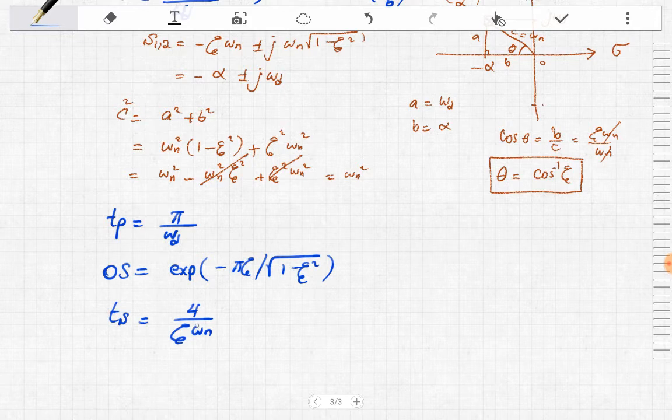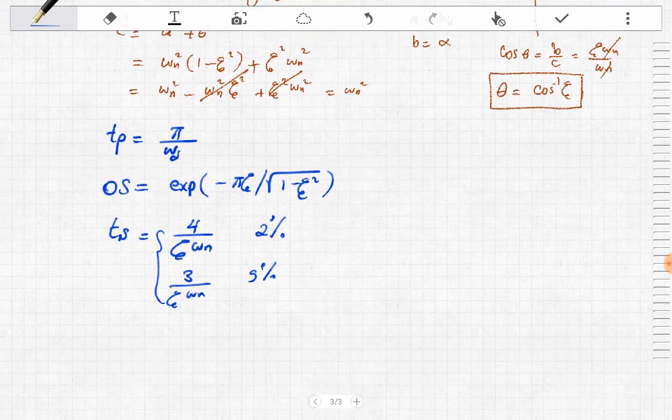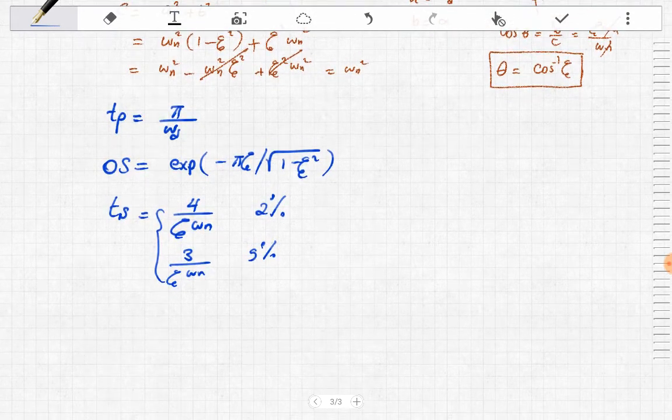In this case, that's for 2%. If you are using 5%, you'll get a different value, 3 over eta omega n. So these are the parameters of the system. Let's take one numerical example and check how we can get all these values.